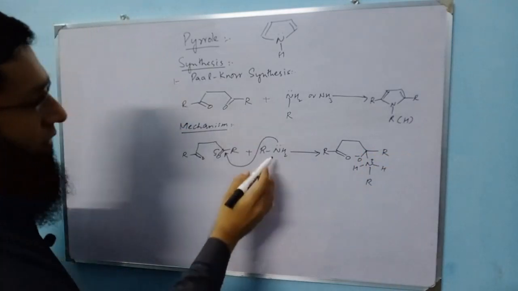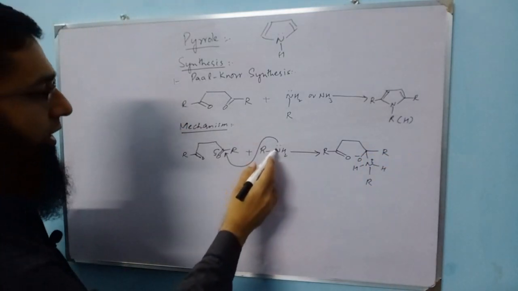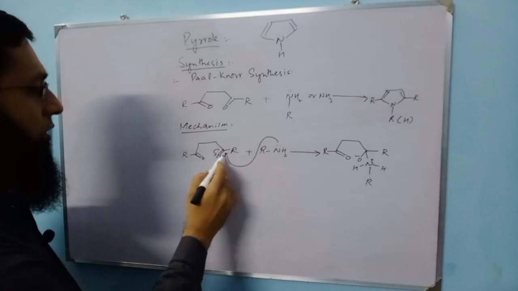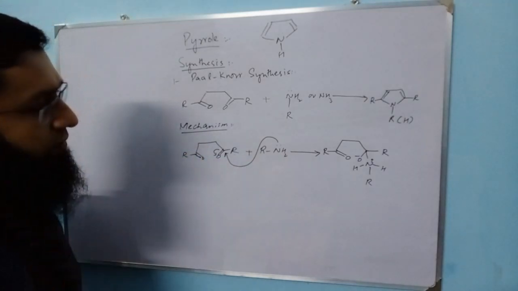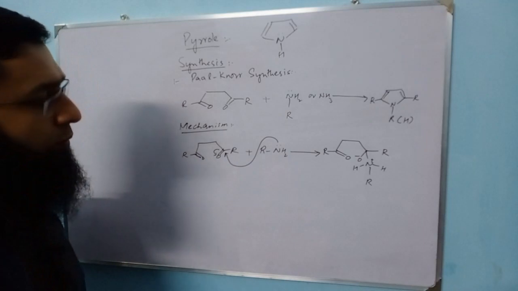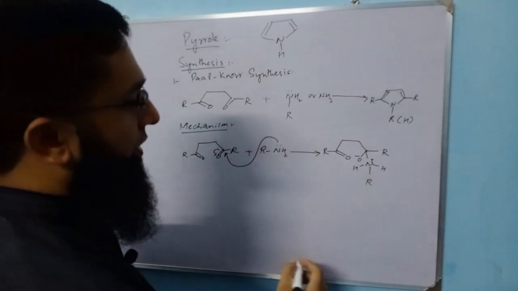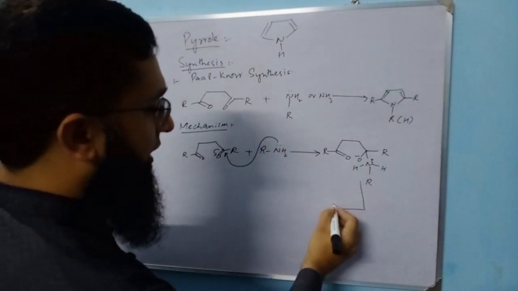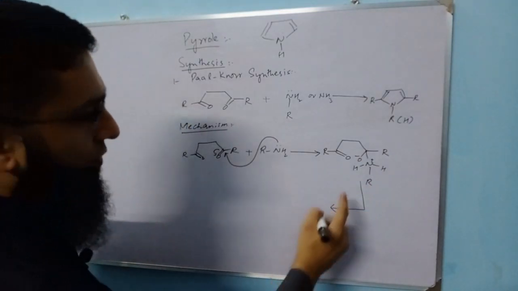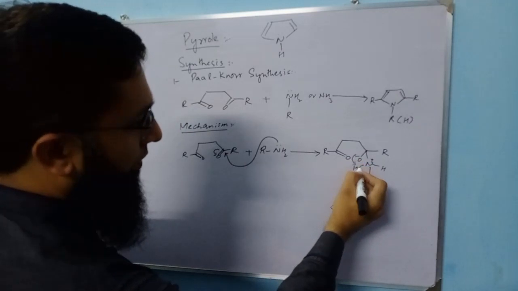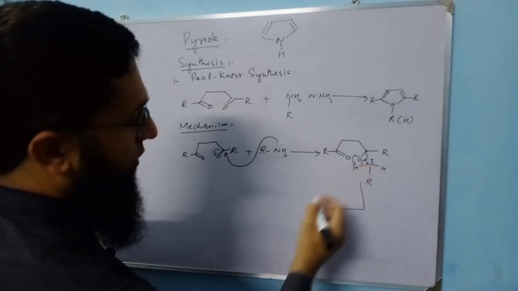Here we can see the amine was in neutral state and it donated its electron to form a bond. As a result, when an atom gives or donates electron to form a bond, it gets positive charge. And when in neutral state an atom gets electron, it gets negative charge. So this proton will be taken by oxygen.